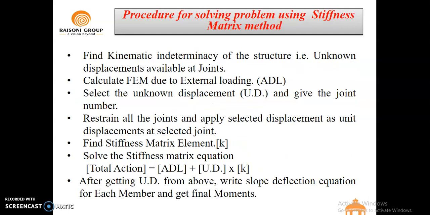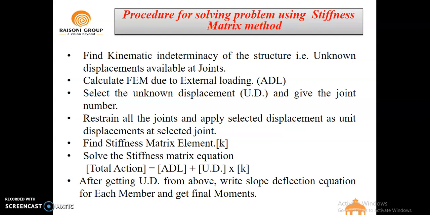Now the procedure for solving problems using the stiffness matrix method. Step by step we will see each point, and try to remember this. First of all, find the kinematic indeterminacy of the structure, that is unknown displacements available at joints. Then calculate fixed end moments due to the external loading and represent it as action due to external loading, that is ADL.